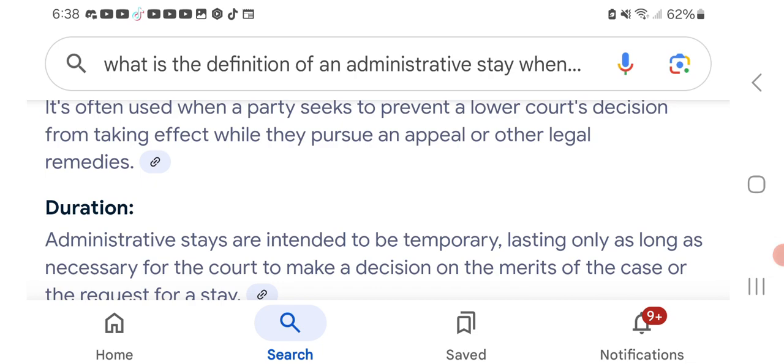Ladies and gentlemen, a more detailed breakdown of what it means is that it's often used when a party seeks to prevent a lower court's decision from taking effect.